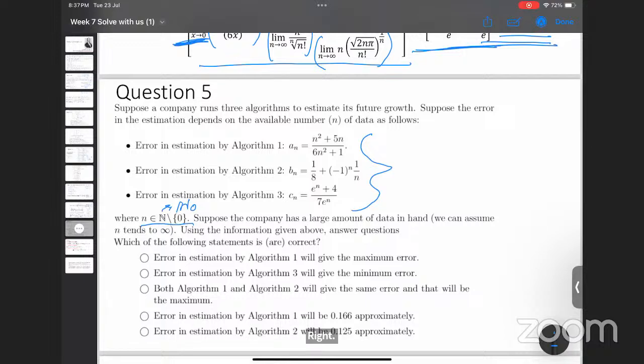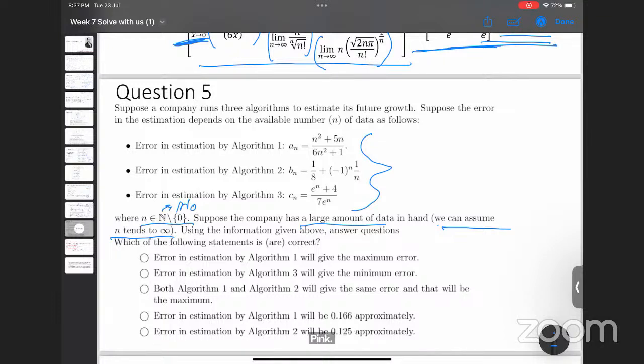That means 1 to infinity. Suppose the company has a large amount of data in hand. Large amount of data we can assume as n tends to infinity. So based on this hint, we have to solve it.